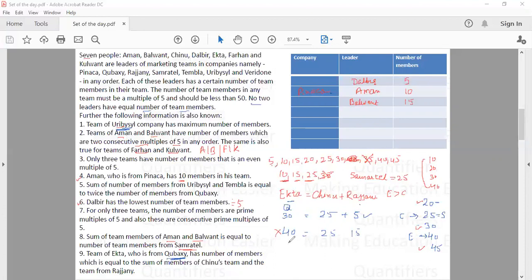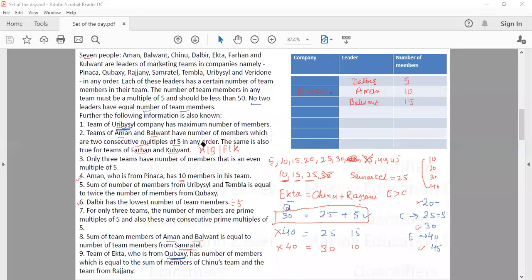Further, if Ekta has 40 members, Chinu has 30 members, and in that case Rajani will have 10 members. This is again not possible because 10 members are for Pinaka's team. So this case is again invalid, and Ekta cannot have 45 members, and Chinu cannot have 35 members because 35 is already rejected. That means these two cases are rejected. So the only valid case is the one which we discussed first of all, right?